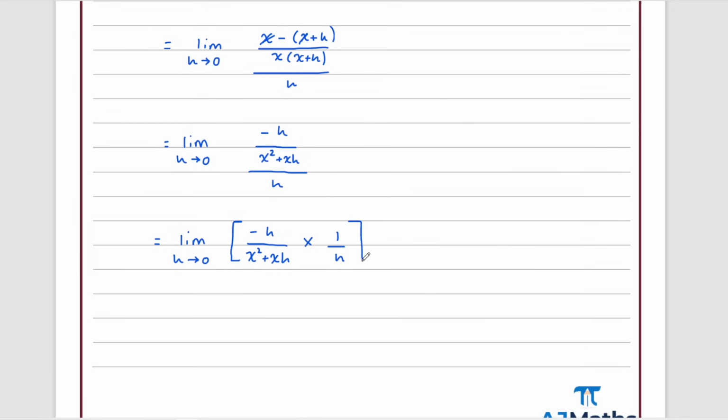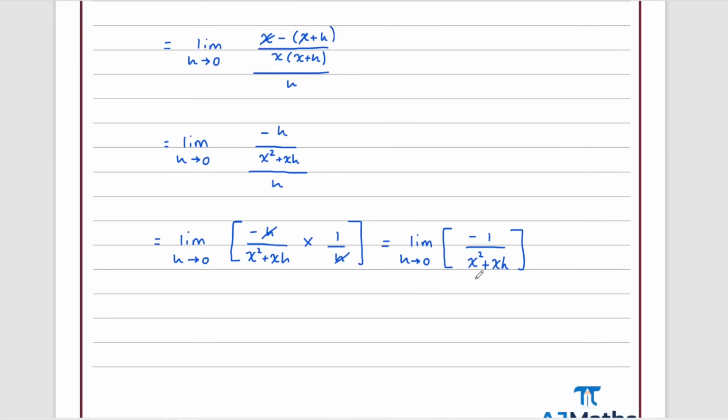Here now the h's will cancel, and what I get left with is the limit as h tends to 0 of minus 1 all over x squared plus xh. And we're nearly done.